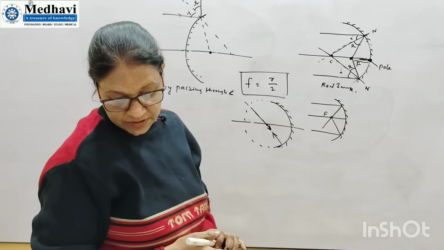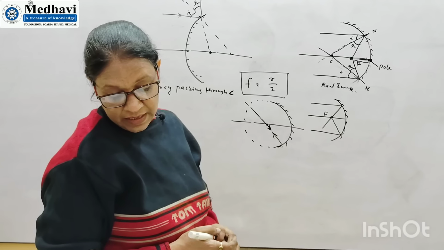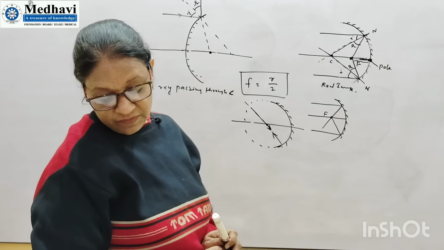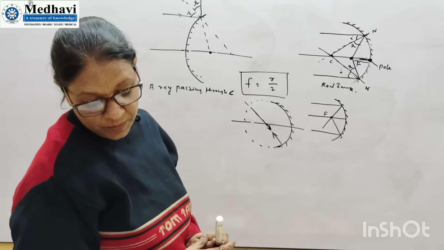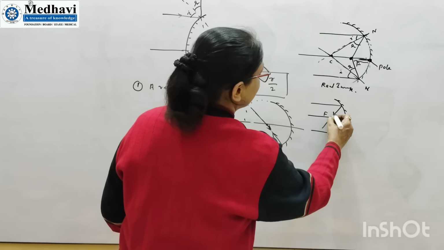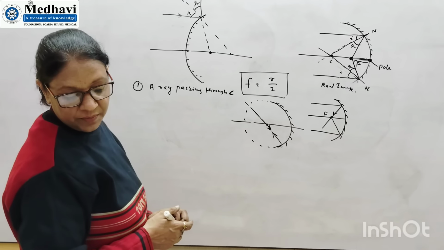This is very important. So a ray incident parallel to the principal axis, after reflection from a spherical mirror, passes through or appears to come from the focus. For concave it passes through, and for convex it appears to come.